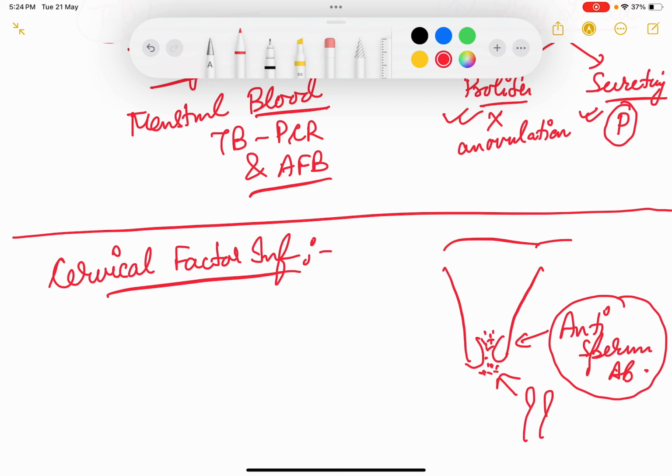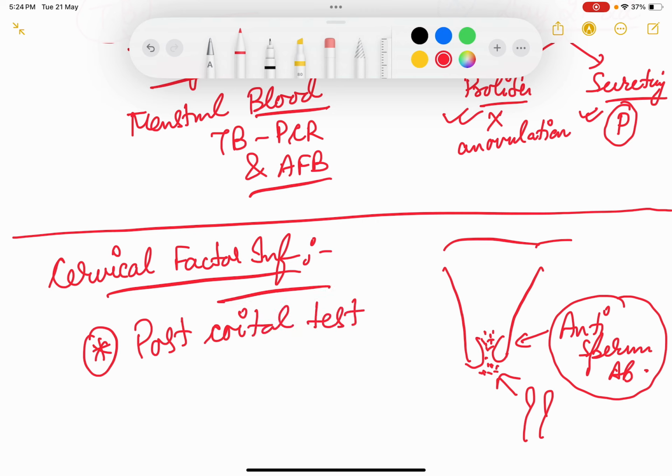For detecting that, we generally do a postcoital test. We ask the patient to come to us within 30 minutes of having coitus. Within 30 minutes of having sexual intercourse, the patient comes to our OPD and we take a cervical smear. Now this smear we examine.